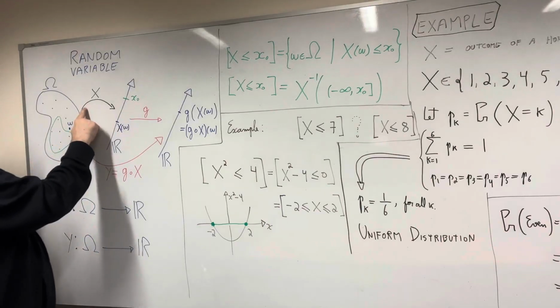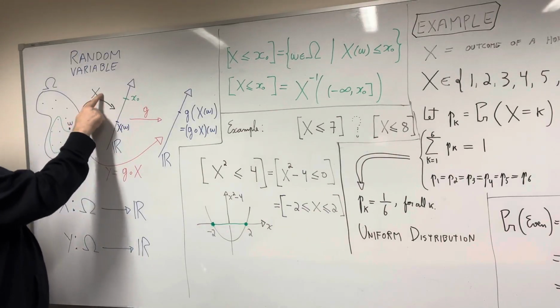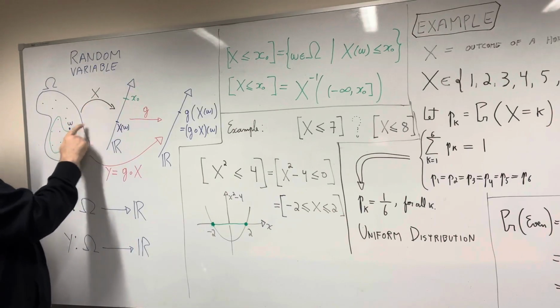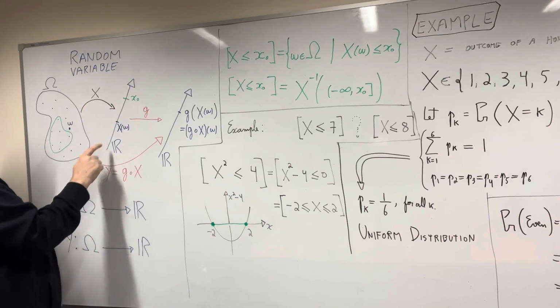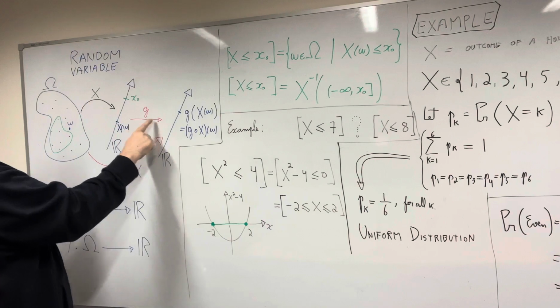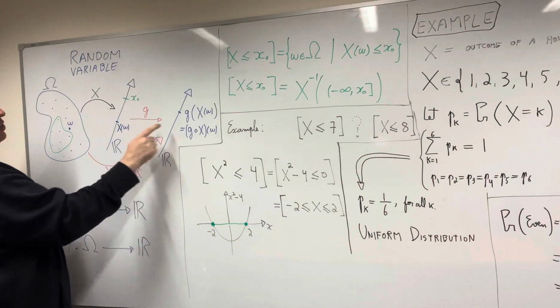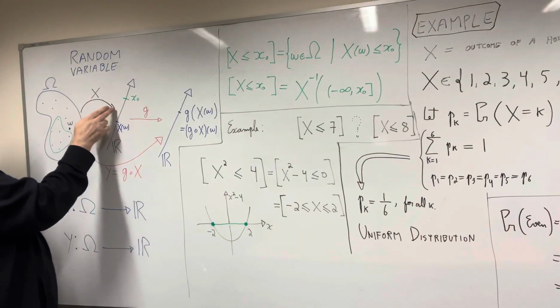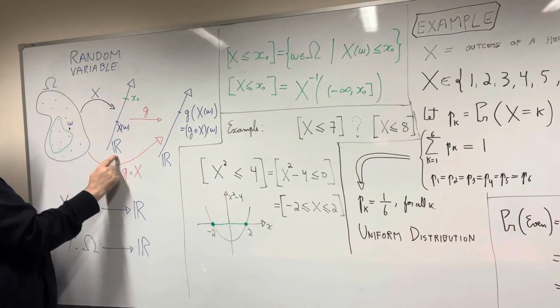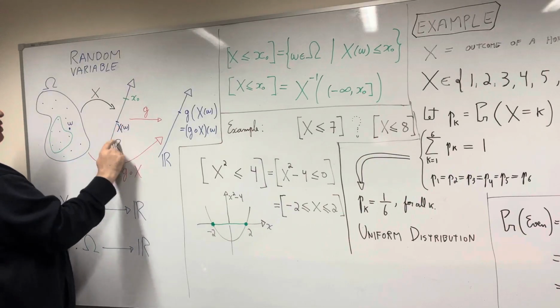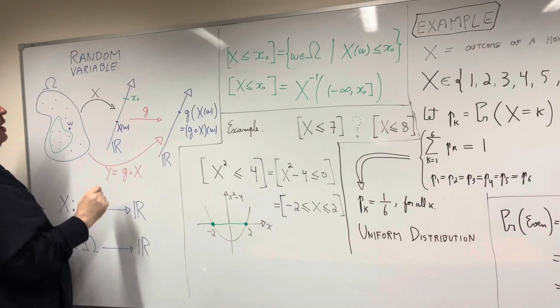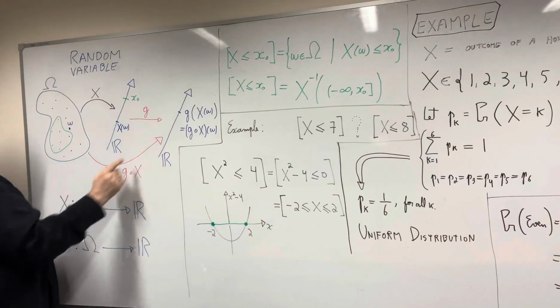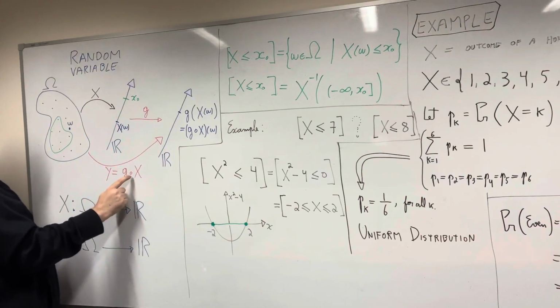So here I have in black this function, capital X, mapping points of my sample space to the real numbers. Then I have this function little g mapping real numbers into real numbers, okay? So I have a random variable from my sample space to real numbers. Then I have a function taking real numbers into real numbers. And then I look at the composition, y equals g of x.